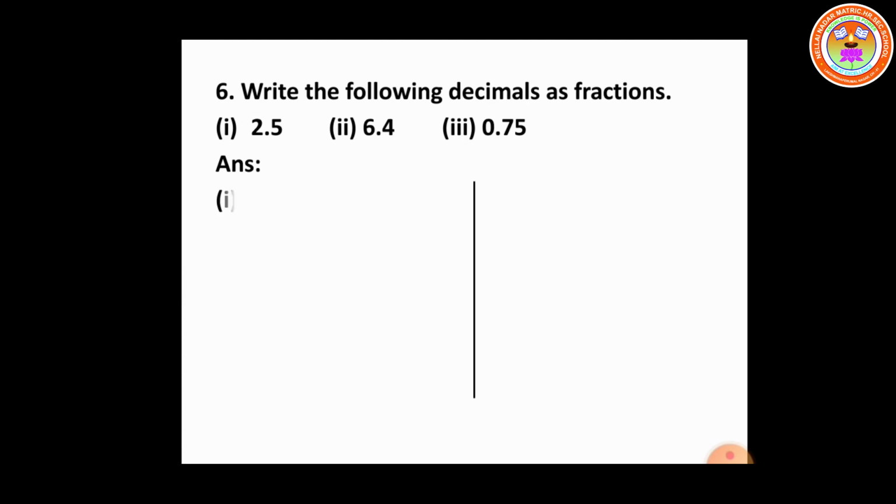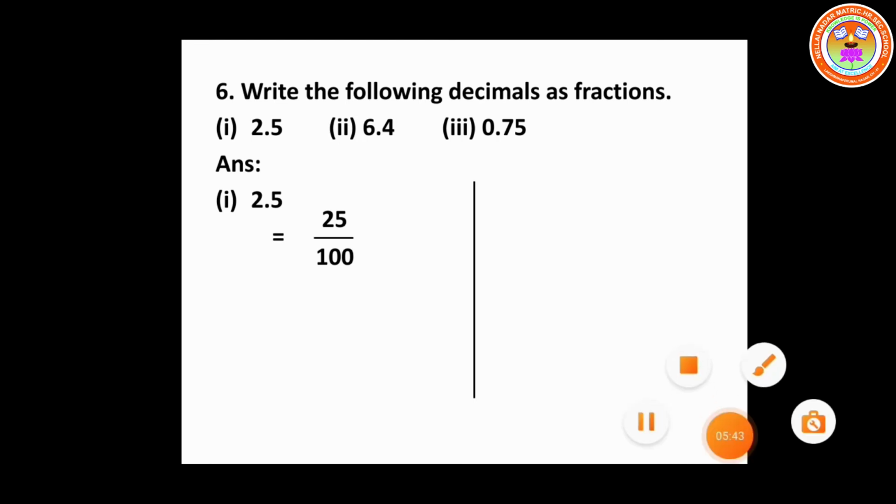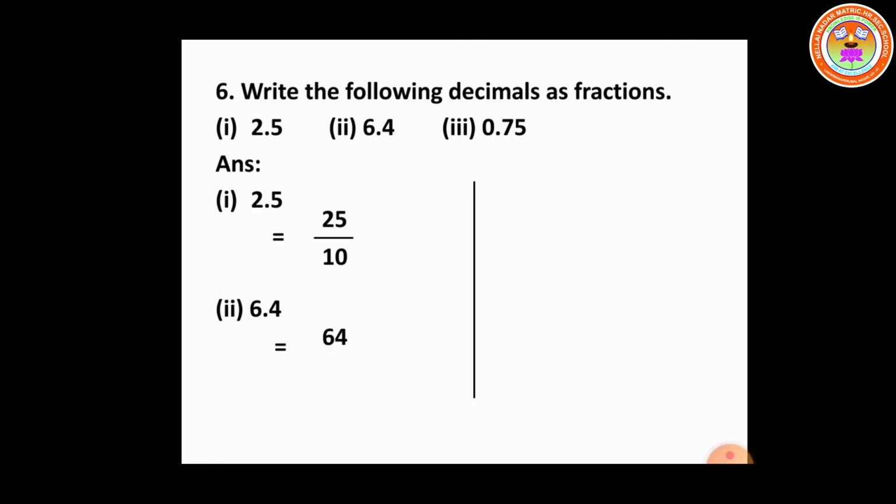Let us see the answer. 2.5 has only one decimal, so it can be written as 25 by 10. 6.4 also has one decimal, so it can be written as 64 by 10, denominator 10.